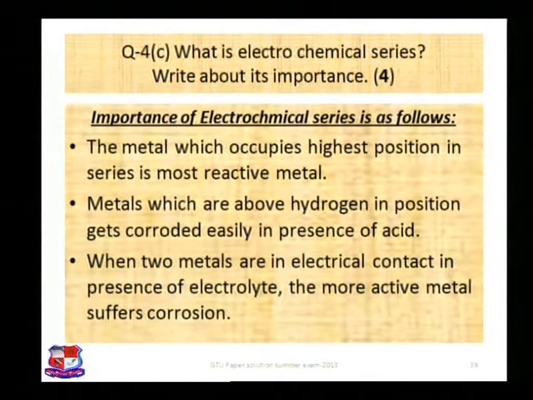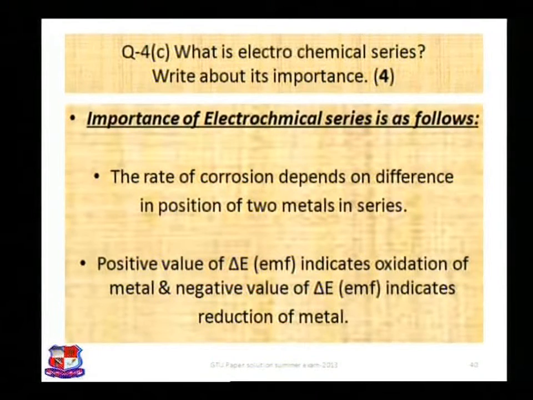Next, the rate of corrosion depends on the difference in position of the two metals in the series. A positive value of delta E, that is EMF, indicates oxidation of the metal, and a negative value of EMF indicates reduction of the metal. This is a very important point. So this completes your 4 marks of the long question answer, which is always required to be written in the GTU.